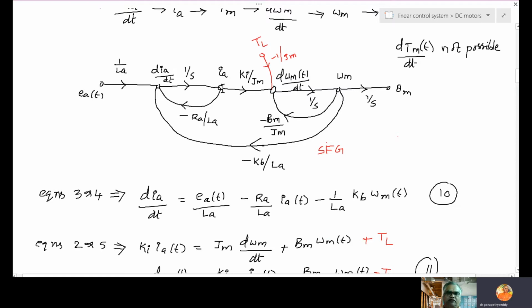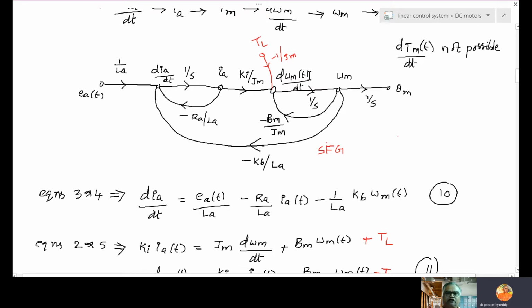So what is the relation between Ia and dIa? It is a derivative, so we get 1 by S. And omega m and d omega m is again a derivative, so 1 by S. And the theta m and omega m relation is again a derivative, so 1 by S. So here 1 by S, here 1 by S, here 1 by S.